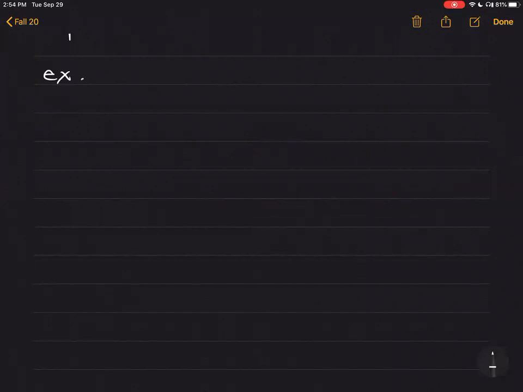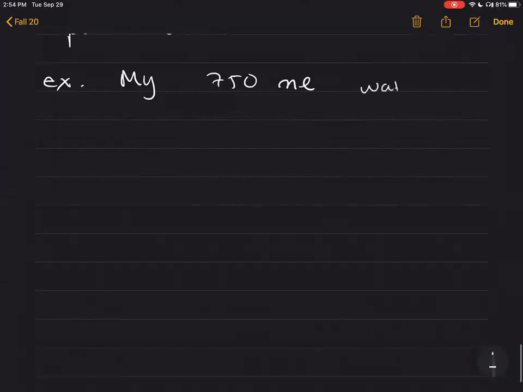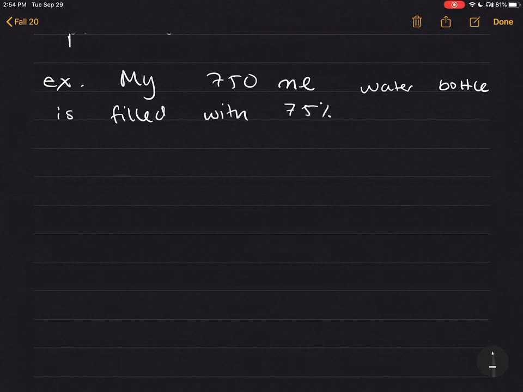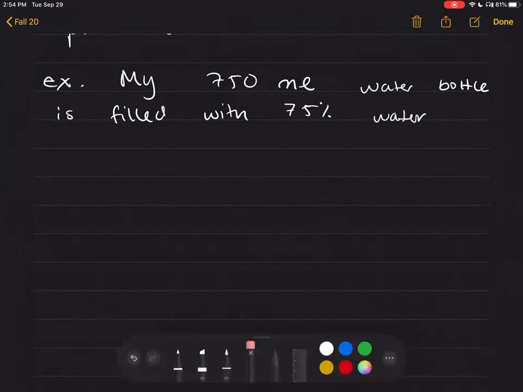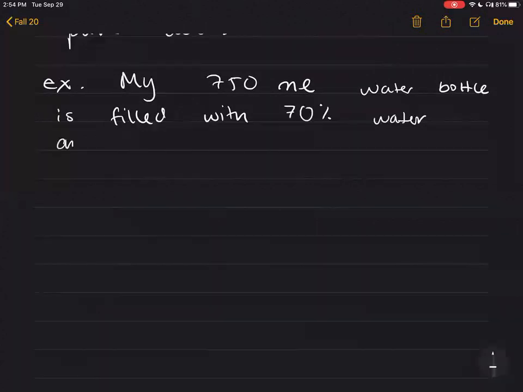So let's see. My 750 milliliter water bottle, not all of them use milliliters, but they just happen to both be in milliliters for these problems, let's say, is filled with 70% water and 30% orange juice.